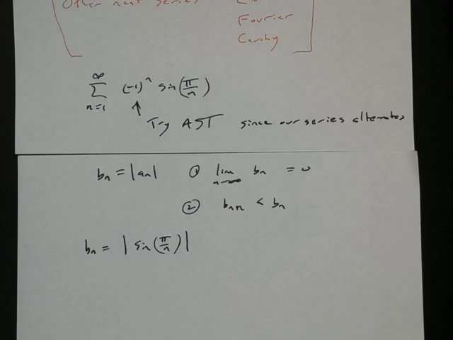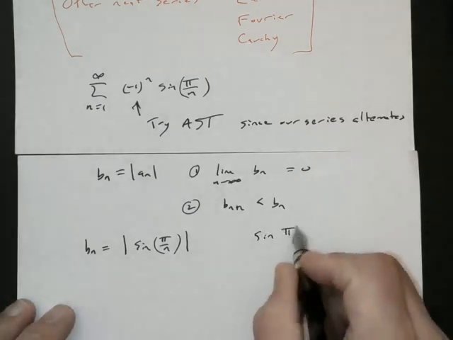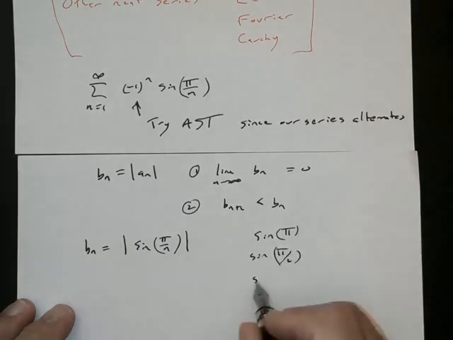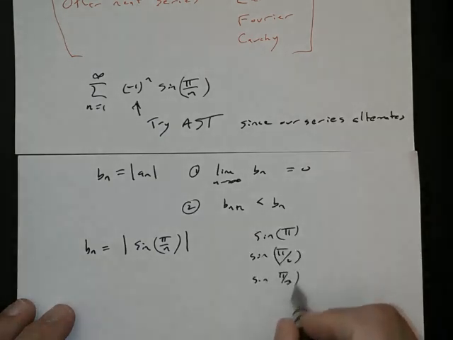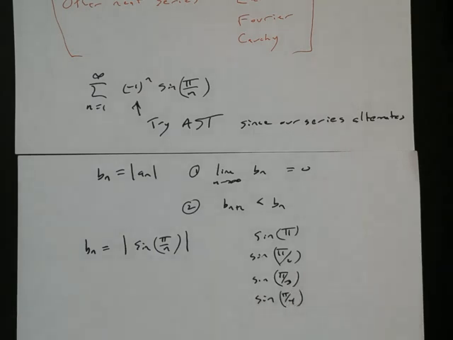But I'm just not taking sine of anything. I'm taking sine of pi over n. So we're really looking at sine of pi over 2, sine of pi over 3, sine of pi over 4. Wait a minute. Those numbers get closer and closer to 0, don't they?